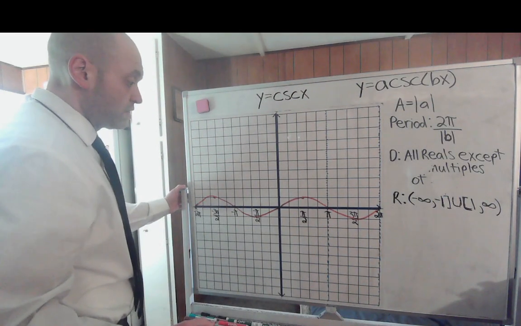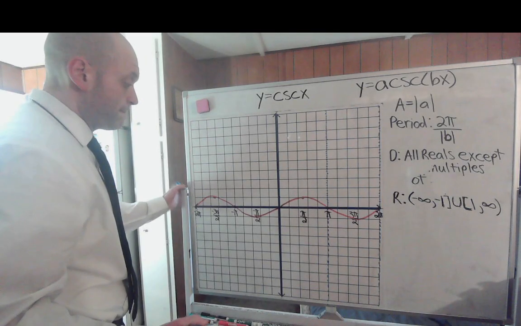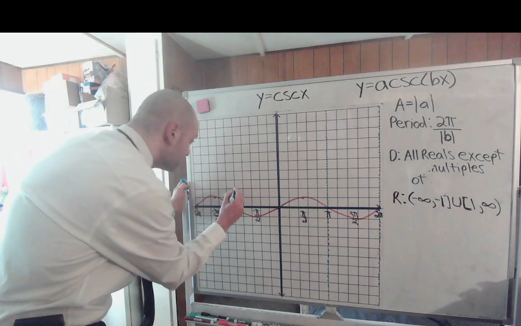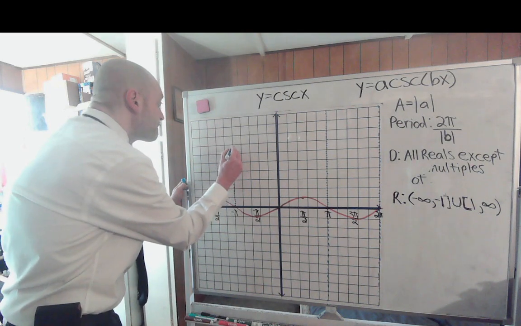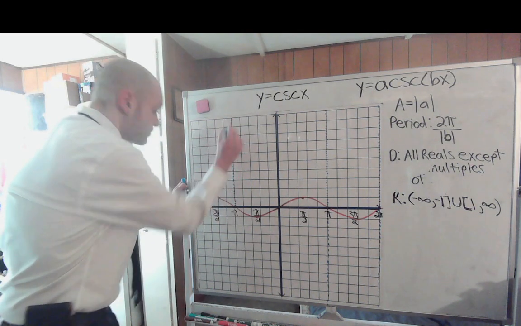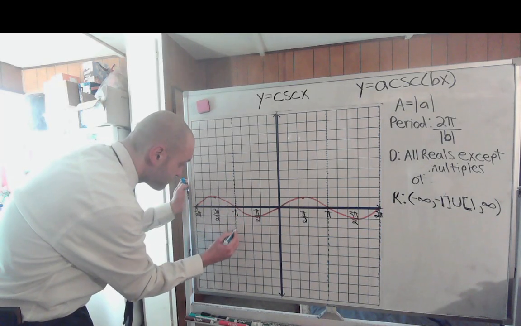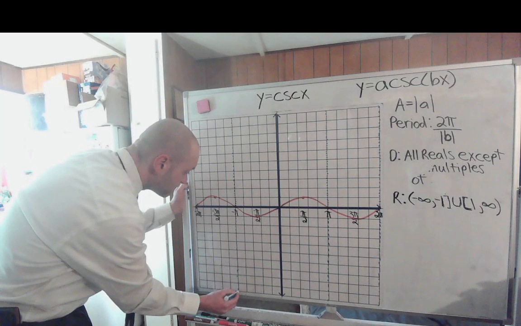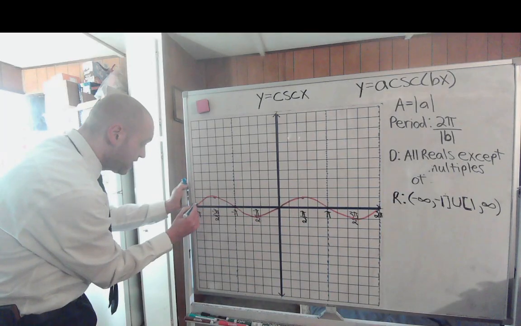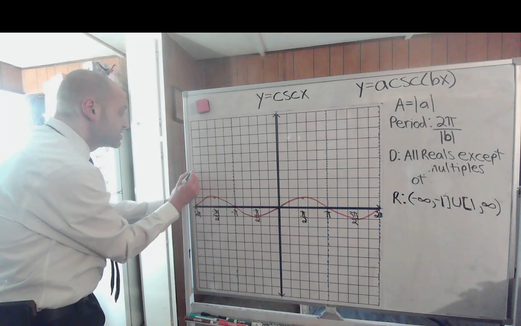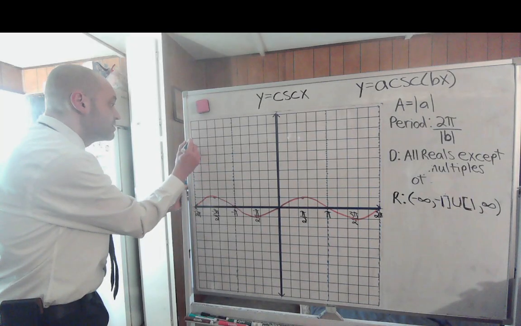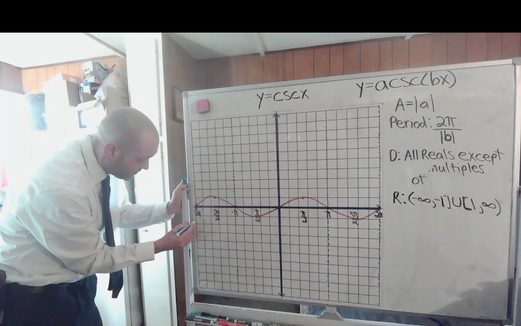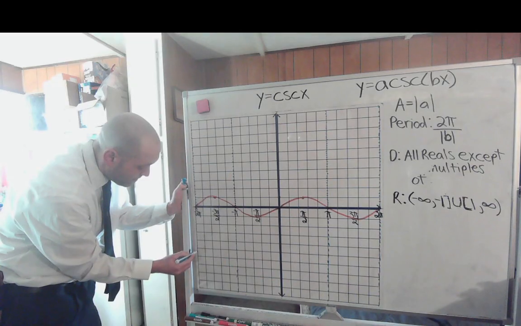Alright, and then let's go to negative pi. The sine is 0, so you'll have an asymptote at x equals negative pi. And then again at negative 2 pi, you'll have another asymptote because the cosecant would be undefined there. Cosecant and cosine are definitely not even close to the same function.